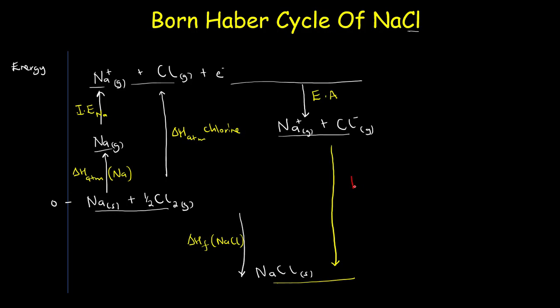So this is lattice energy. Basically, the lattice comes from the term a lattice that is formed whenever any compounds are formed, the 3D structure of that substance. So lattice energy, when these ions combine to form sodium chloride. So this is basically the Born Haber cycle.